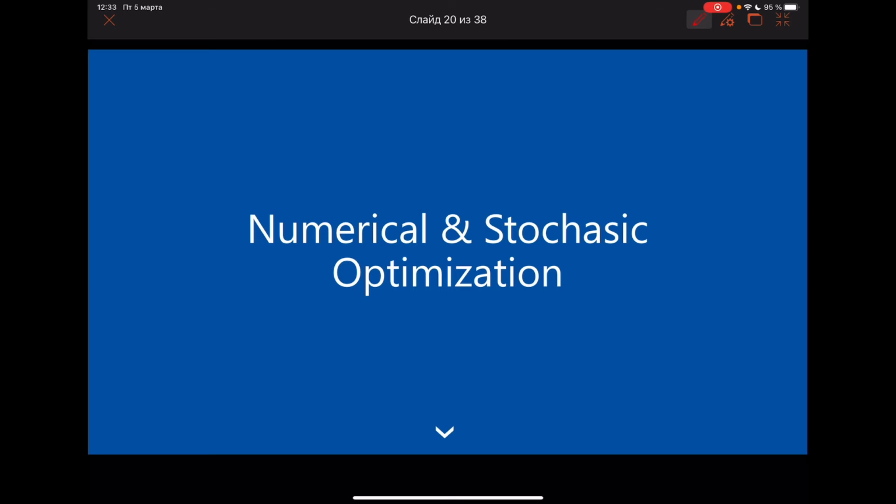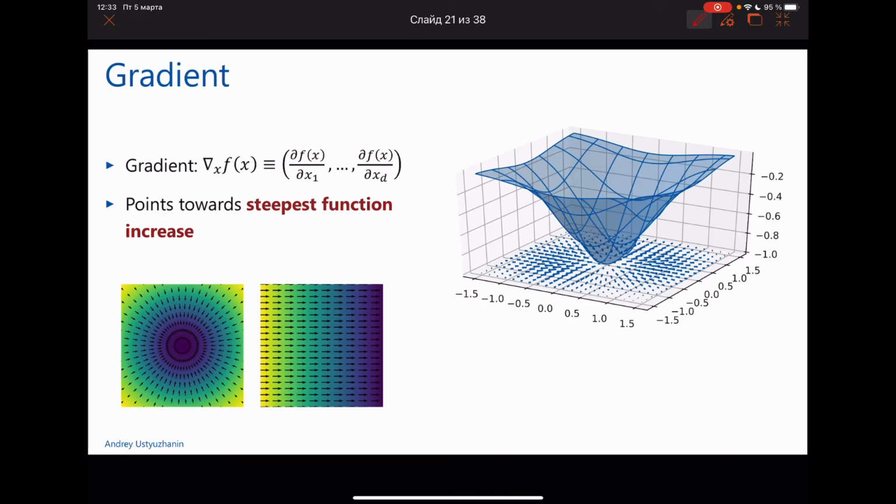Although analytical solutions are nice and promising, when you want to compute it for a large data set, it might be rather computationally intensive. And to mitigate this problem, people use the so-called gradient-based approach. So just a reminder, a gradient is a vector that consists of components that are derivatives or partial derivatives of the function with respect to given coordinates.